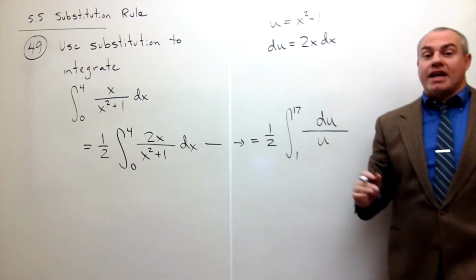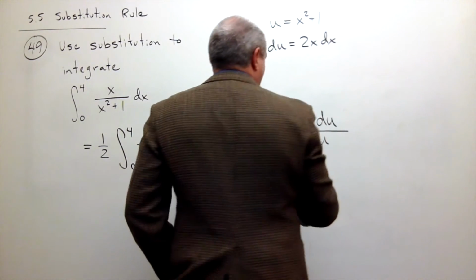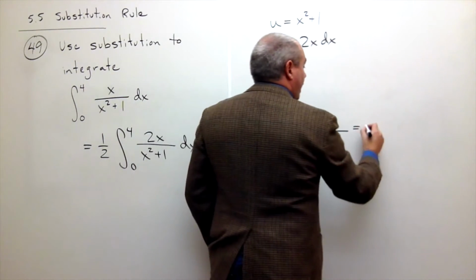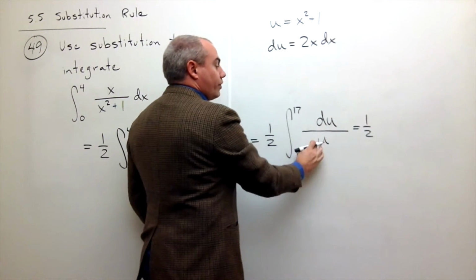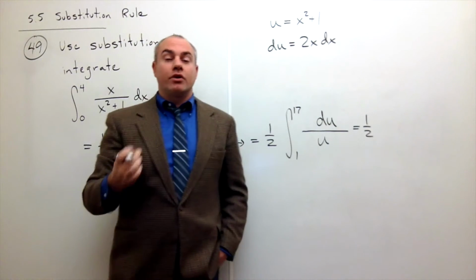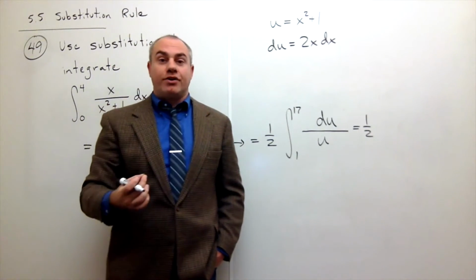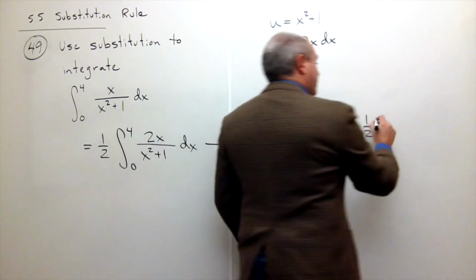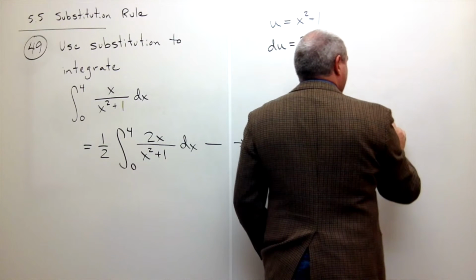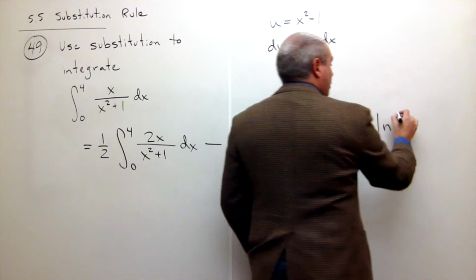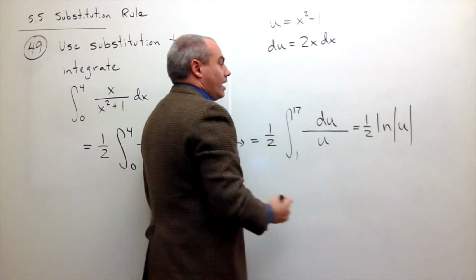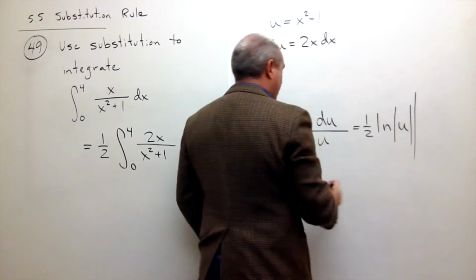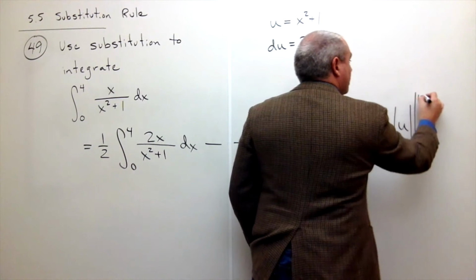So now let's take an antiderivative. I've got 1/2 outside still. The antiderivative of 1 over u is the natural log of the absolute value of u. So this would be ln of absolute u, and then I'm going to evaluate that from 1 to 17.